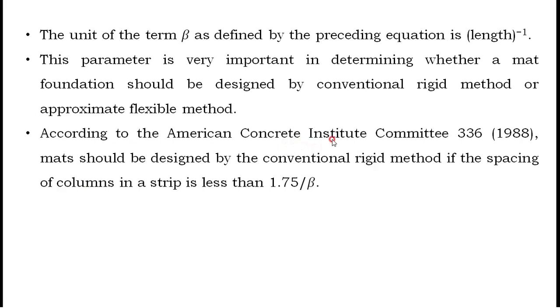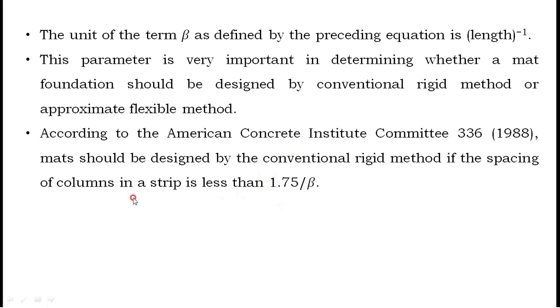According to the American Concrete Institute Committee, and in India also we consider something similar to this, a mat should be designed by the conventional rigid method if the spacing of the columns in a strip is less than 1.75 by beta. You already know in the conventional beam method we divided the entire area into strips, and in the strip we need to observe the spacing between the columns and compare it with 1.75 by beta.